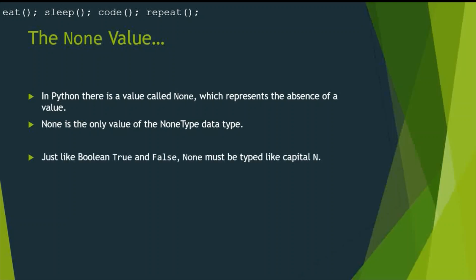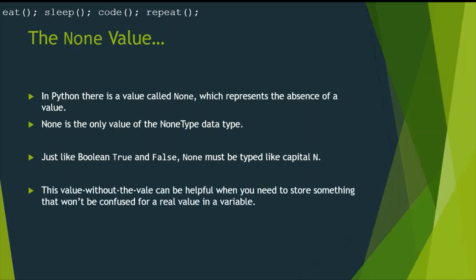Just as Boolean True and False, the N of None must be capitalized, that is capital N, then one. It is a value without a value. It can be helpful when you need to store something in a variable that won't be confused for a real value.